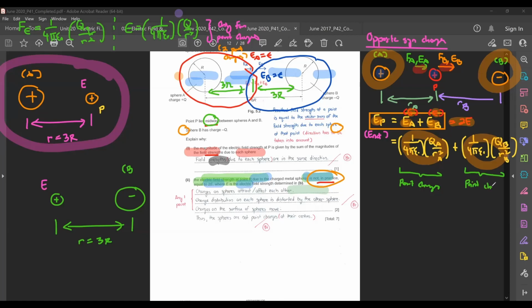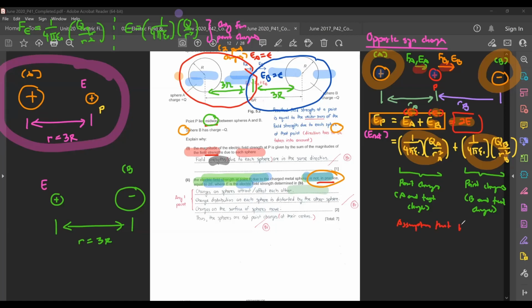Okay, this was under the assumption that you have point charges between A and test charge and B and test charge. You use that equation under the assumption that your spheres A and B themselves were point charges and your test charge was a point charge.